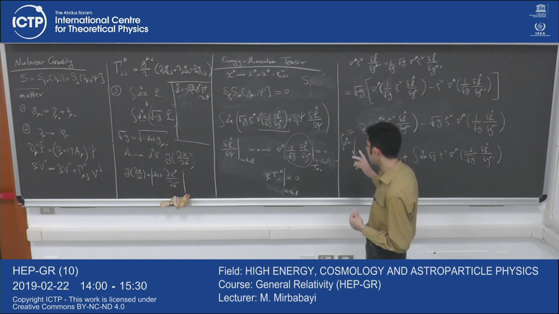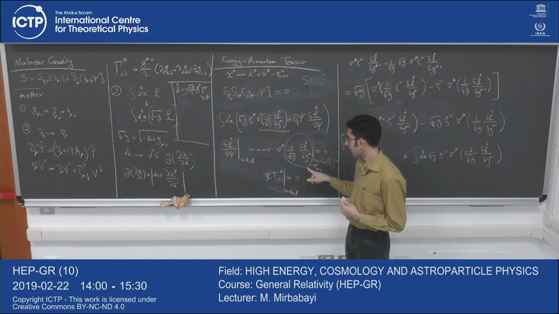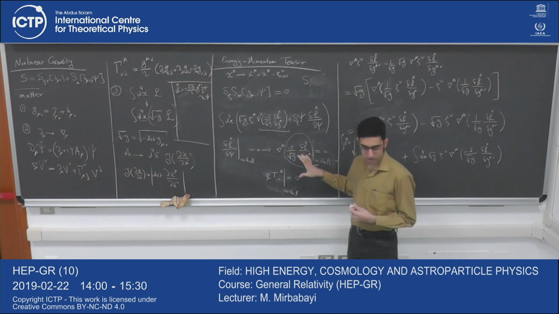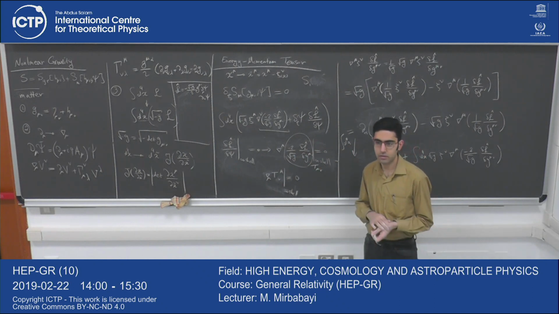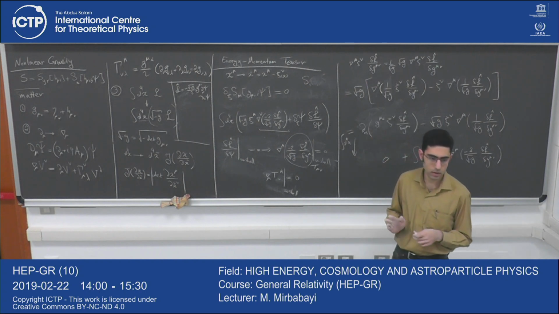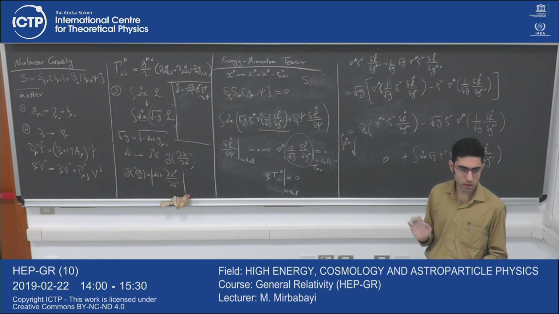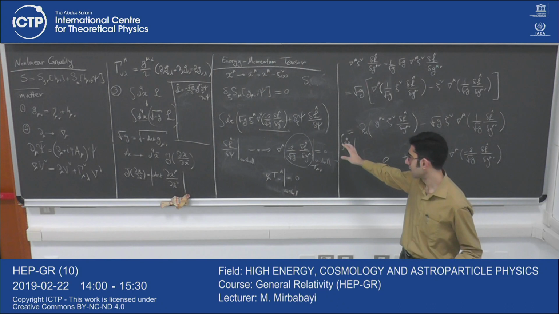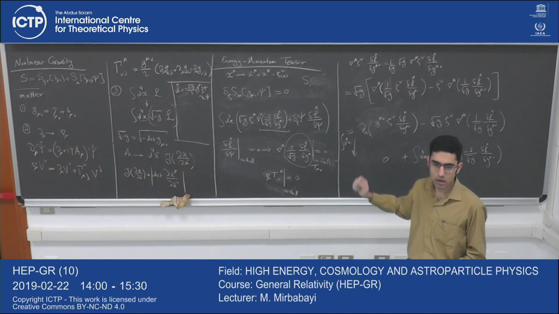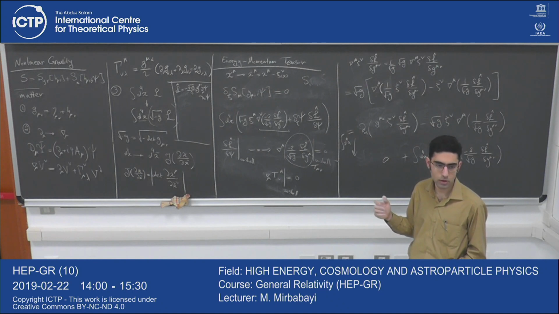Now, this way of deriving the energy momentum tensor is a very useful derivation, even if we don't care about gravity, even if we are talking about some field theory in the absence of gravity. Still, this is a nice trick to derive a conserved energy momentum tensor for that field theory.